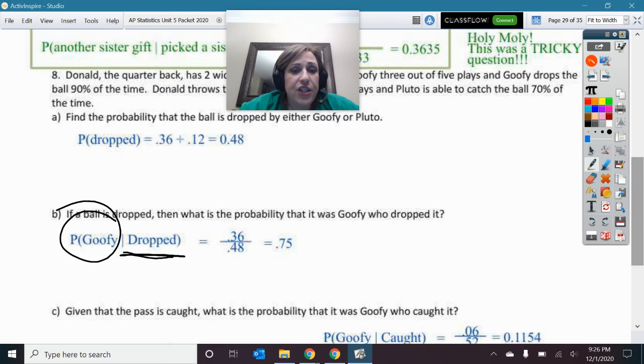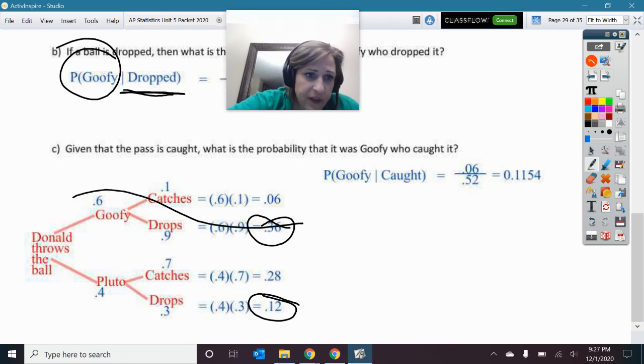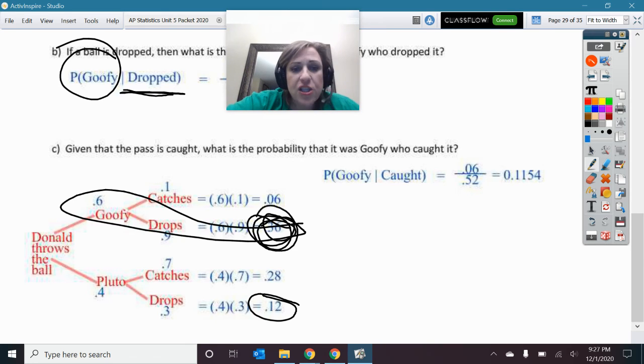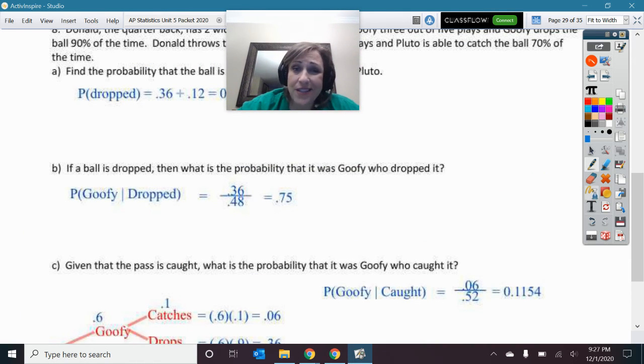So that means I need to do, out of all of the ways it was dropped, what part of that is the Goofy part of it? So out of all of these ways it's dropped, the Goofy part of it is this one. So that's the numerator out of that denominator. So that's why we have that. So if it was dropped, it's 75% chance it was tried to be thrown to Goofy.